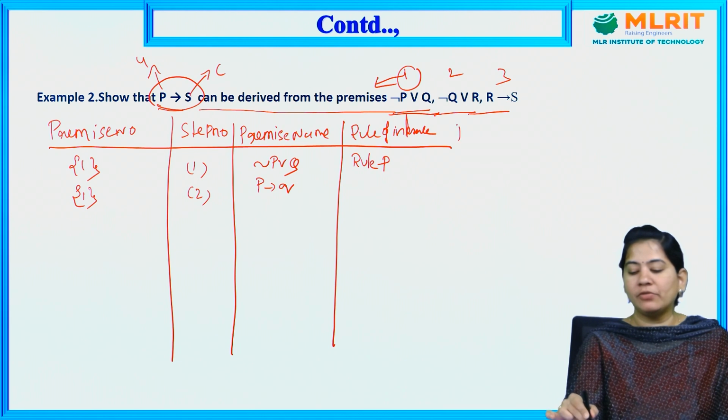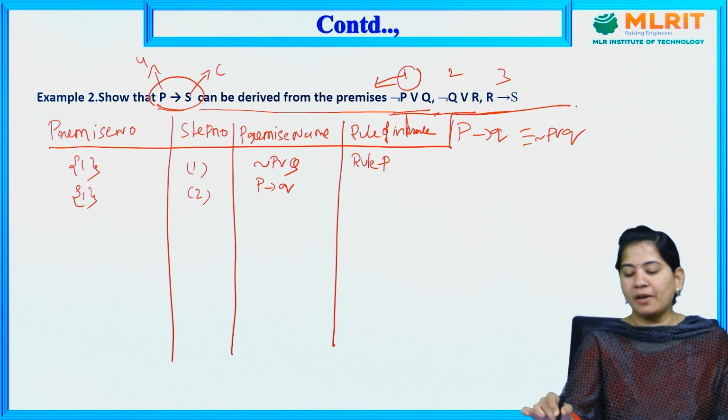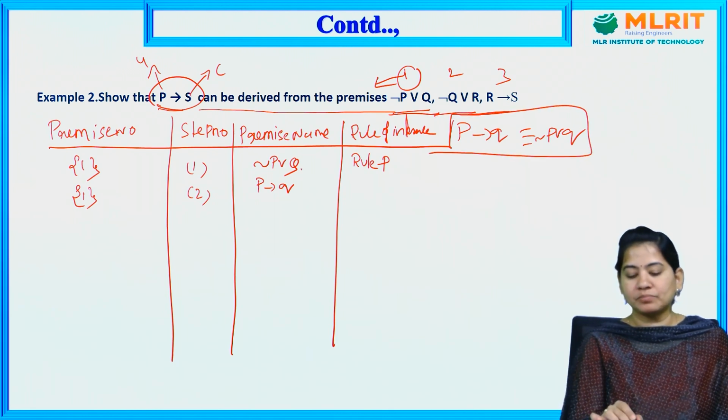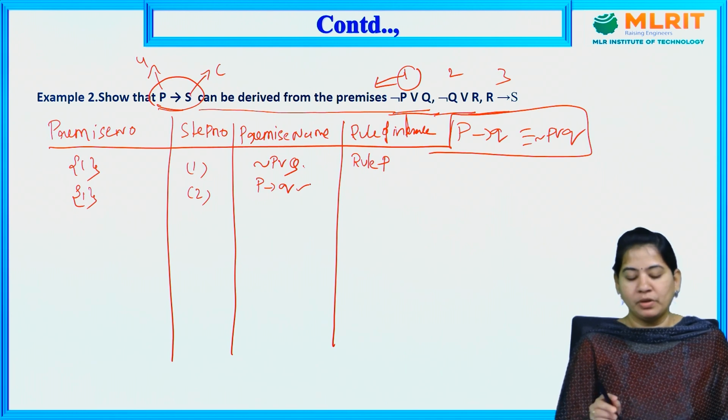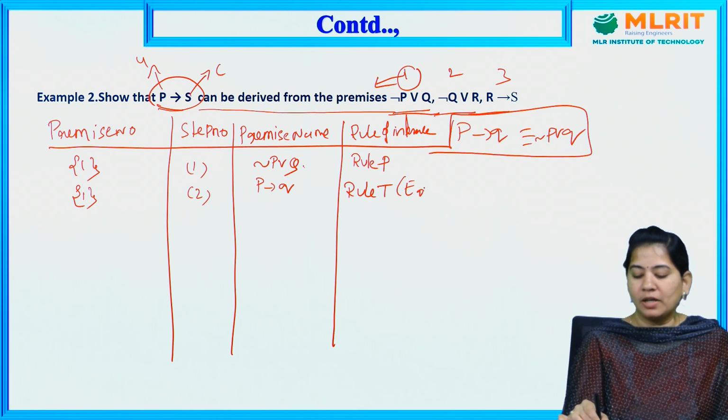Because we have the formula P implies Q is equivalent to negation P or Q in equivalence. The same formula I have applied here. Negation P or Q I have written as P implies Q. So this is rule T by using equivalence formula.